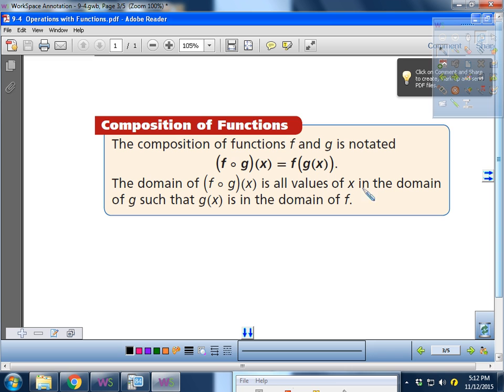We're going to talk about composition of functions, okay? Something that we need to point out here is this little symbol right here, this circle right there. Make sure that you know this is not, I repeat, not multiplication.